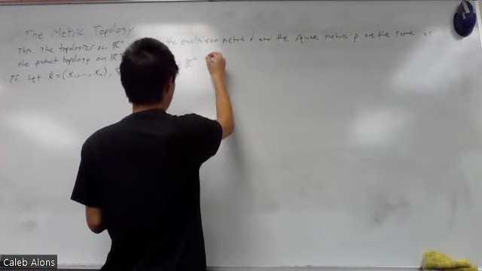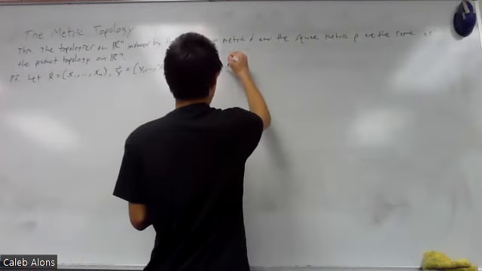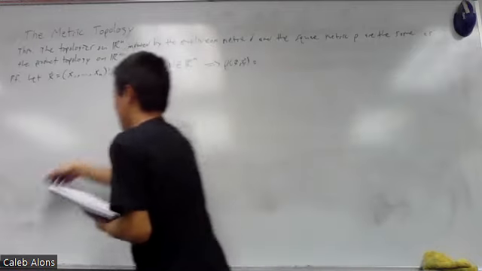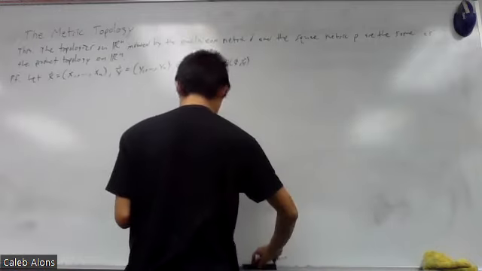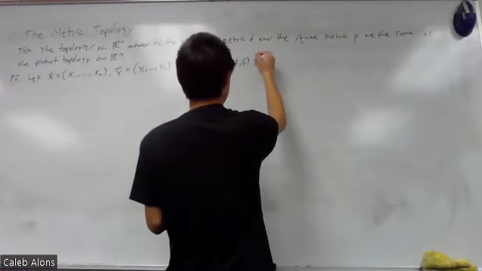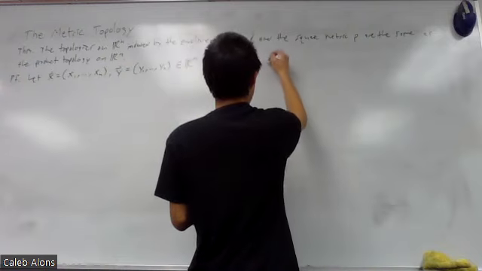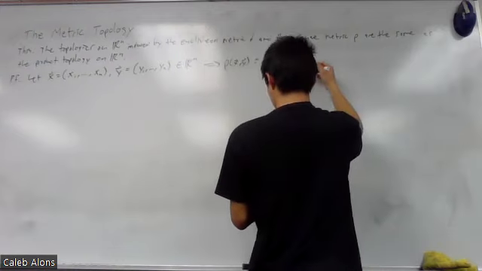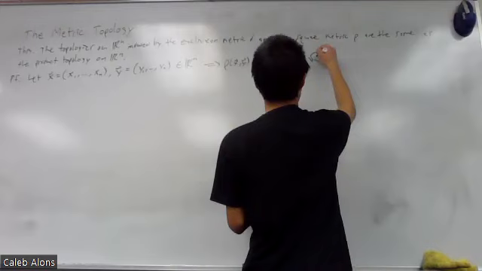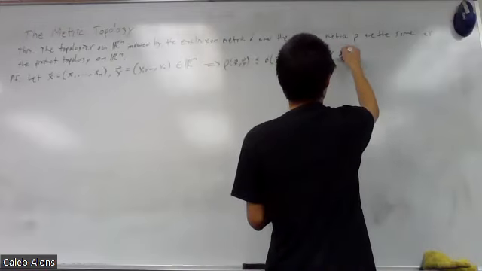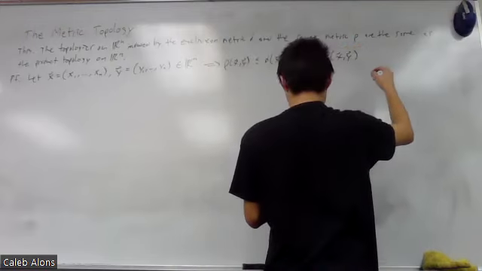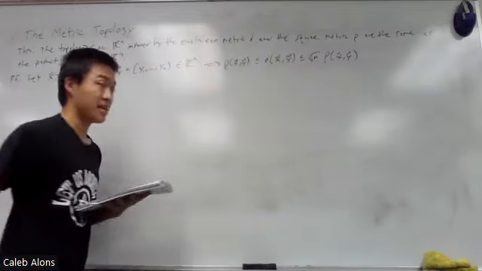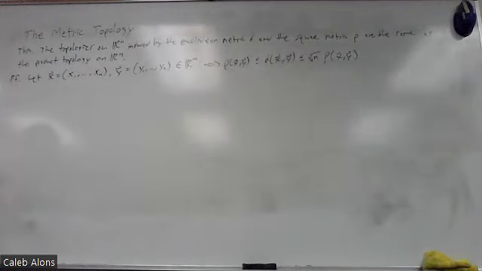Then we have rho(x,y) is less than or equal to the Euclidean metric d(x,y), which is then less than or equal to the square root of n times rho(x,y). And that is basically just algebraically manipulating the definition that we did on the previous board.